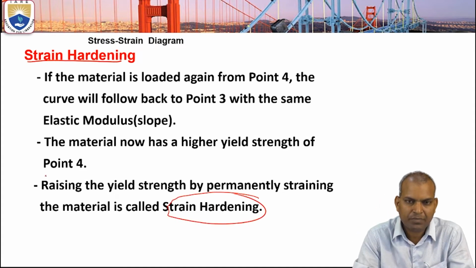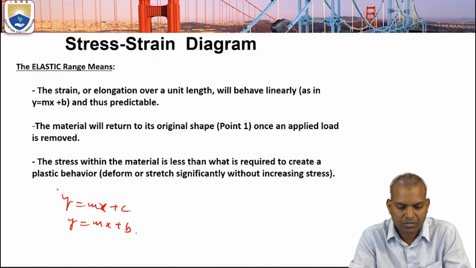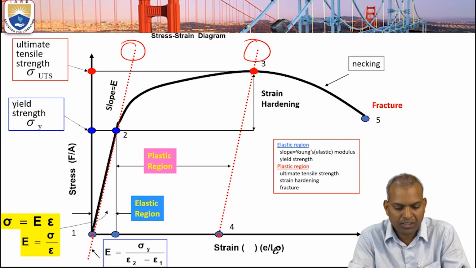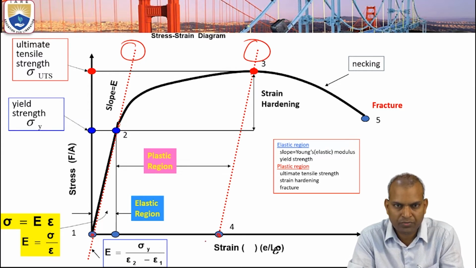Raising the yield strength by permanently straining the material. Now, before this region, applying the load, this is the first. Up to point 3 is the permanent deformation between point 1 and 4.